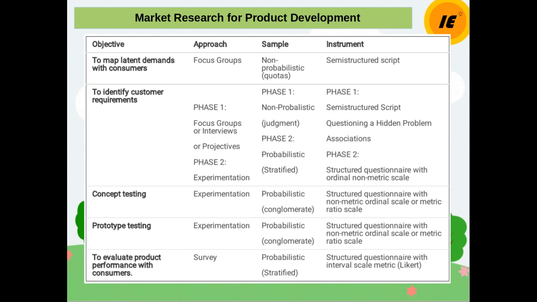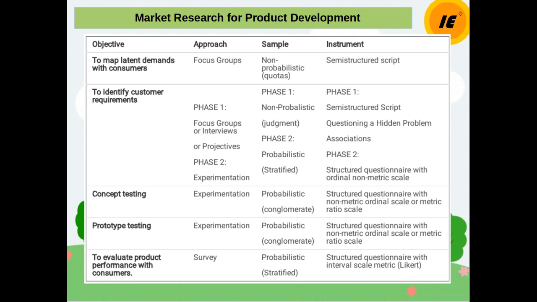The ideal sampling type for probabilistic is the stratified one, which first divides the target population into subpopulations and then chooses the elements to participate in each stratum randomly. So a lot of technicality, but I just read it for you. We'll go into more detail in these subtopics hopefully in upcoming videos.